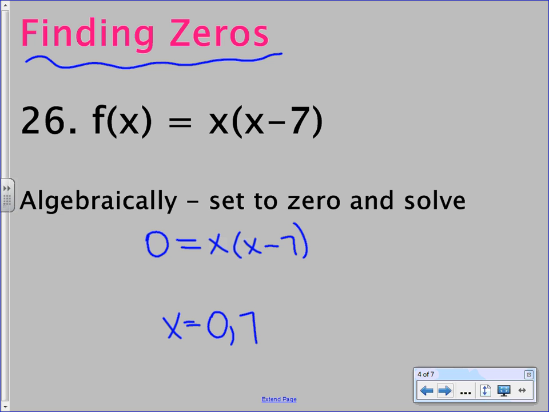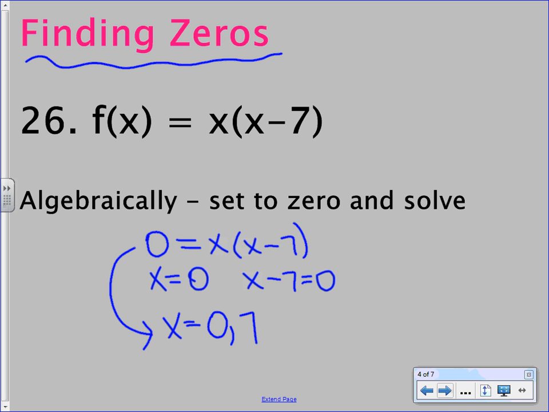We have a product that equals 0, so set each factor equal to 0. I am okay if you go from here to here. We're in honors pre-calculus, so I think at this point you can handle the algebra in your head. I do like you to show work, but if you don't include it, it's not a big deal.